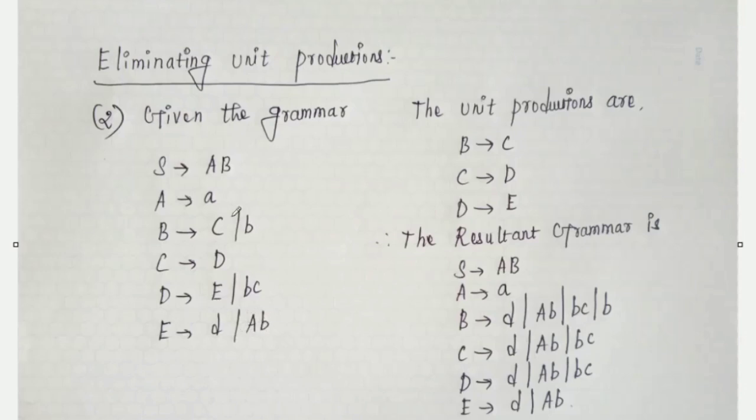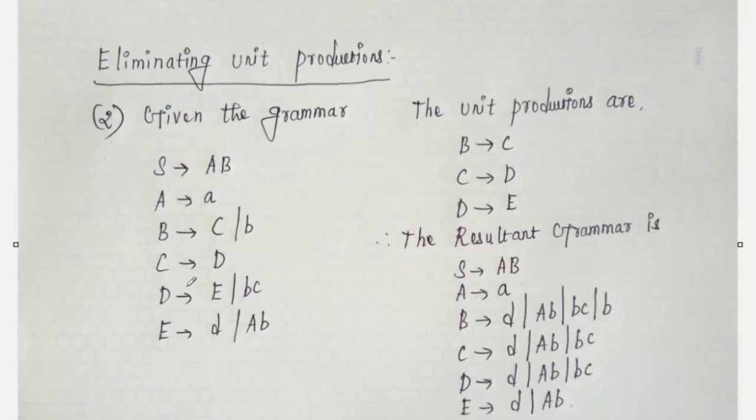In this grammar, the unit productions are B tends to capital C, C tends to capital D, D tends to capital E. Unit production means if a single non-terminal symbol appears on the right hand side, it is considered a unit production. Consider the production B tends to capital C or b. In this line, capital C is a unit production. Then there is a cycle.